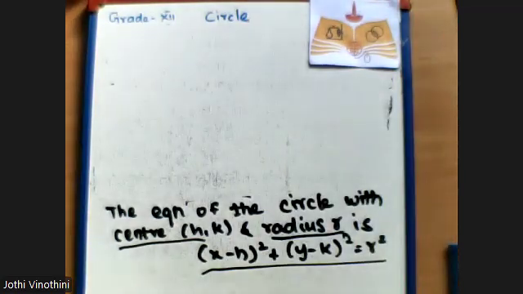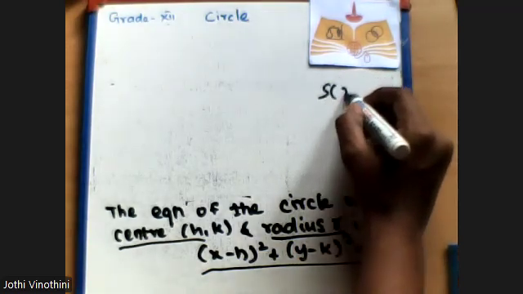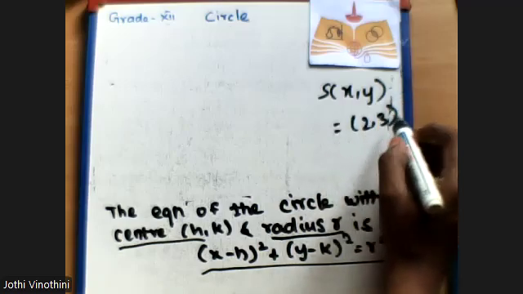Okay. So what is the general formula? (x minus h) the whole square plus (y minus k) the whole square equals r square. Right? Now we have a center. What is the center? We solved it, right? S of x comma y equals 2, 3.